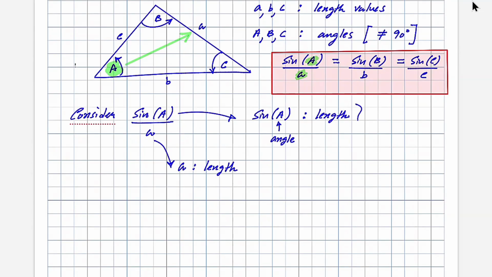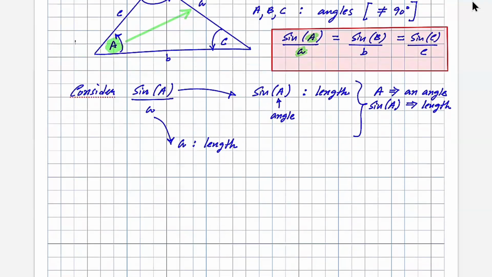So A is an angle, like 30 degrees, but when you put that angle inside sine, the output is a length, or a number. Right? So that is the end of the analysis.